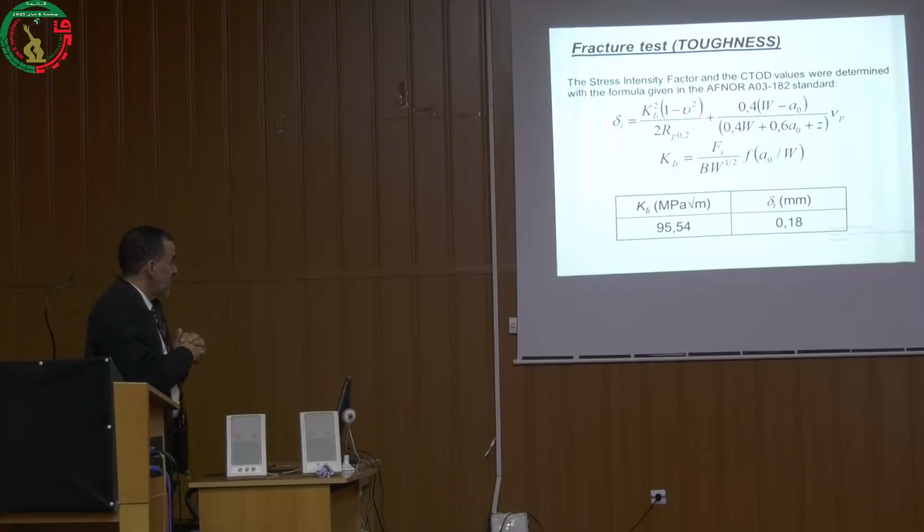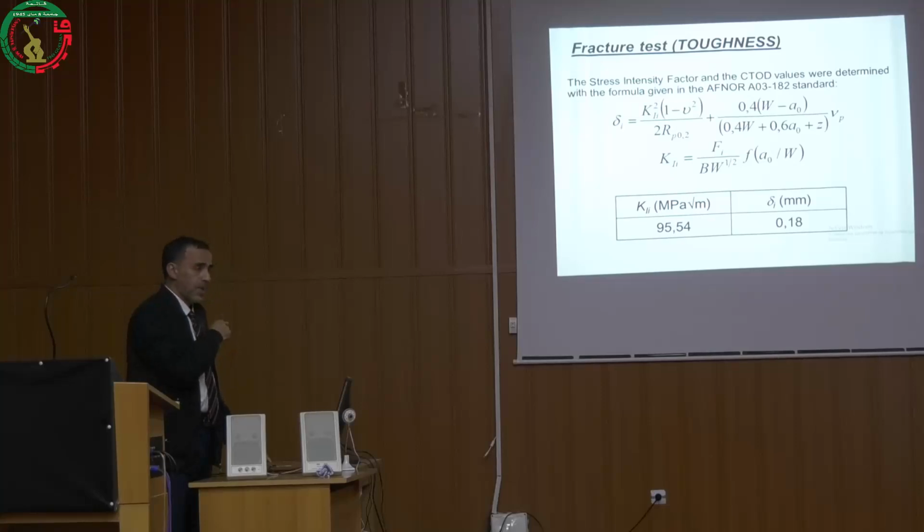Actually, this value is the same as the value obtained since 1957, the date that this material was used in Algeria in the petroleum company. So after 70 years, at the end of the lifetime of the pipeline, the pipeline is still strong enough to be used for several decades.